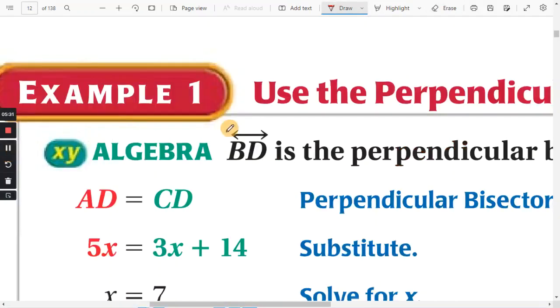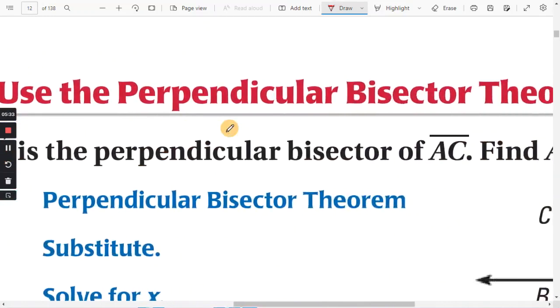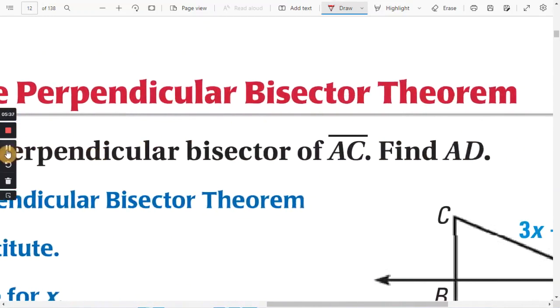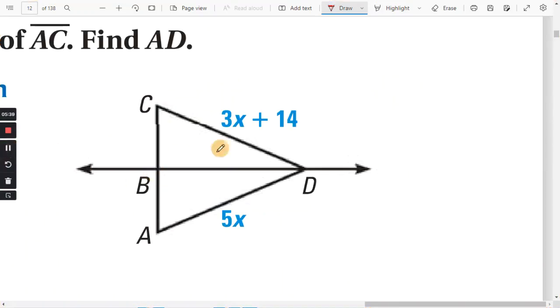Example 1, BD is the perpendicular bisector of AC. Find AD. Let's take a look. It said BD is the perpendicular bisector. So that means right here, it's perpendicular. It's going to make a right angle on both sides.